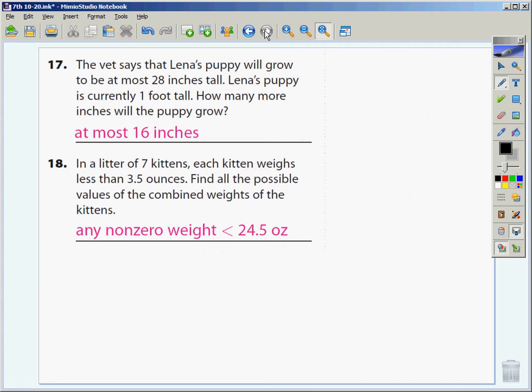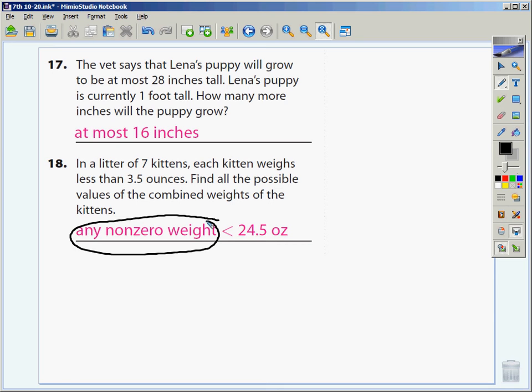There's 17 and 18. Again, a little less worried about the word problems than I am the actual math, because if you can't do the ones that are written out, you obviously can't do the word problems. You should have ended up with at most 16 inches for number 17. And number 18, why do you think it says any non-zero weight here? Yeah, but why?